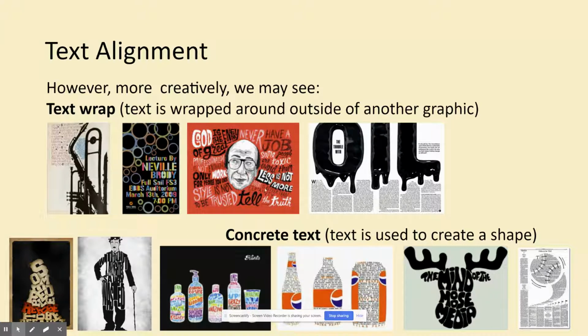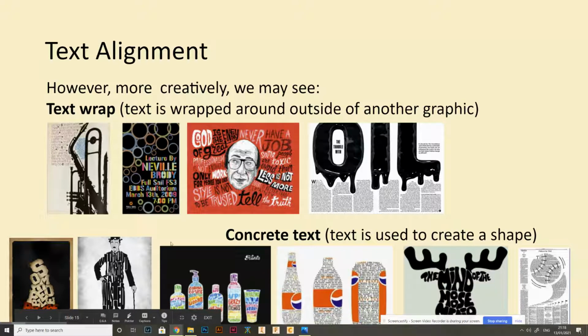And similar to text wrap, but not actually the same, easily confused though, is concrete text. Now concrete text, I'll just try and move that out of the way so you can see a little better, is used to create a shape. So as opposed to text wrap where the text fits around a shape to make space for that object, whatever it might be, in concrete text what we're actually doing is we're fitting the text within the space that creates that shape.